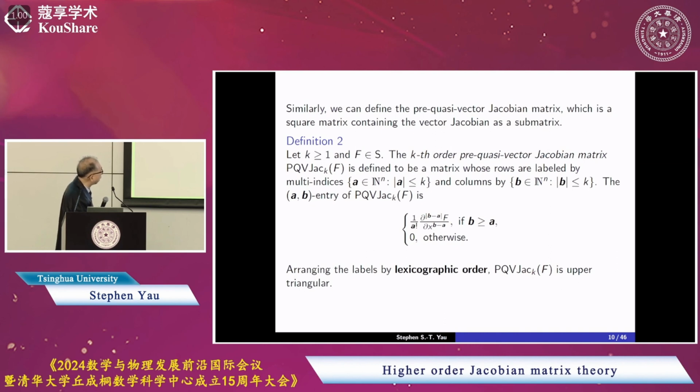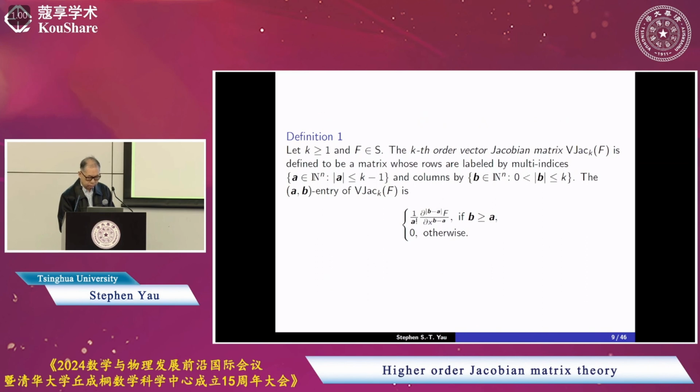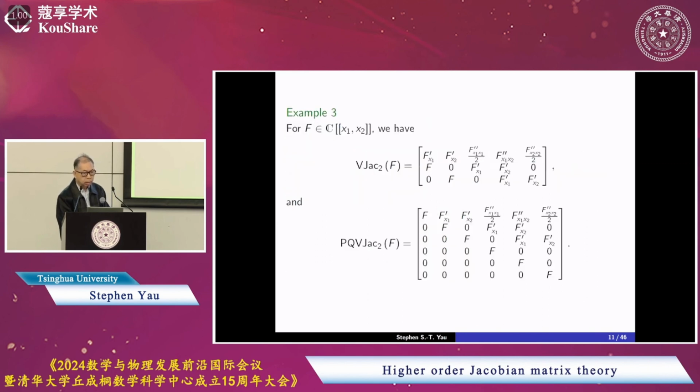If you use the lexicographical order, then the P-quasi vector Jacobian matrix is actually upper triangular. For example, in the two variable case, the vector Jacobian matrix is not square, it is a matrix of this form. And the P-quasi vector Jacobian matrix is a square matrix of this form, upper triangular.